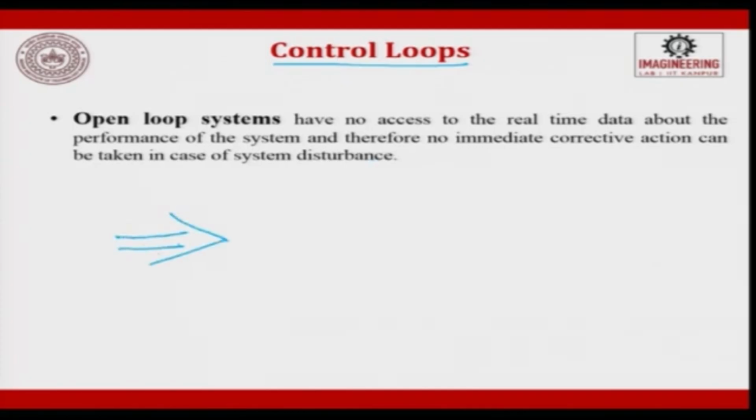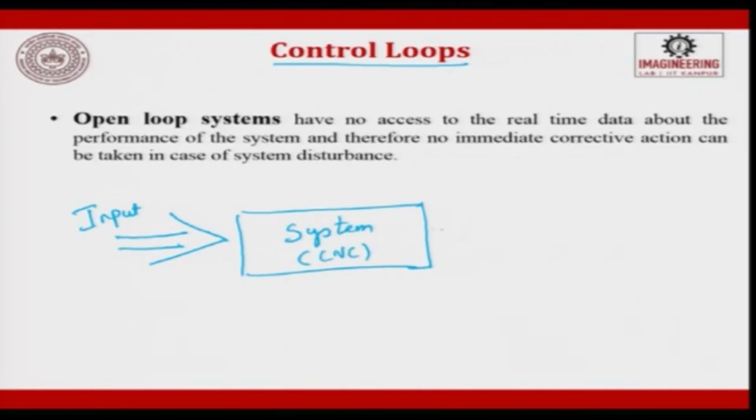You will have an input, you will have a system, a system is a CNC machine here, then you will have an output. Okay. So, this is the block diagram for open loop system. There is no access to the real time data about the performance of the machine, therefore, no immediate corrective actions can be taken in an open loop system.